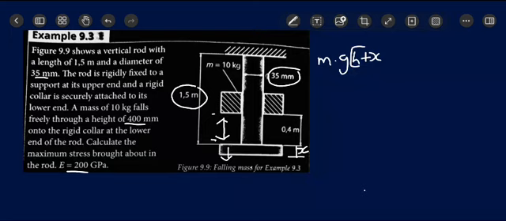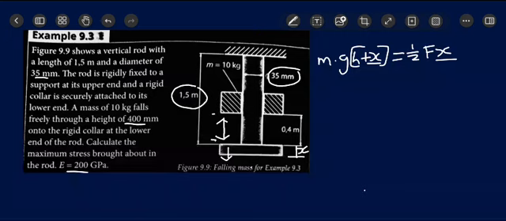Remember, the potential energy must be equal to the strain energy, whereby we know strain energy is 1 over 2 F multiplied by x. However, to use that we need to know the change in length.